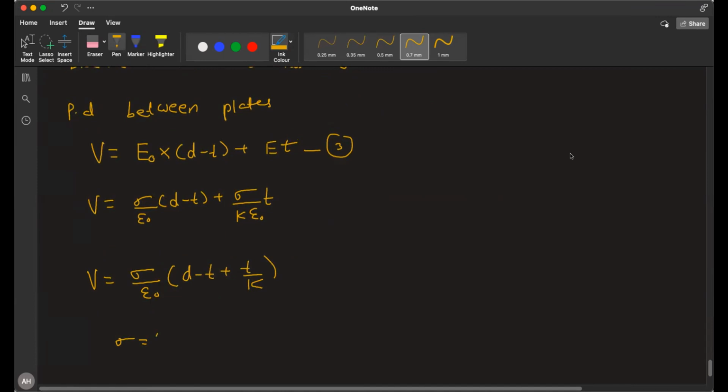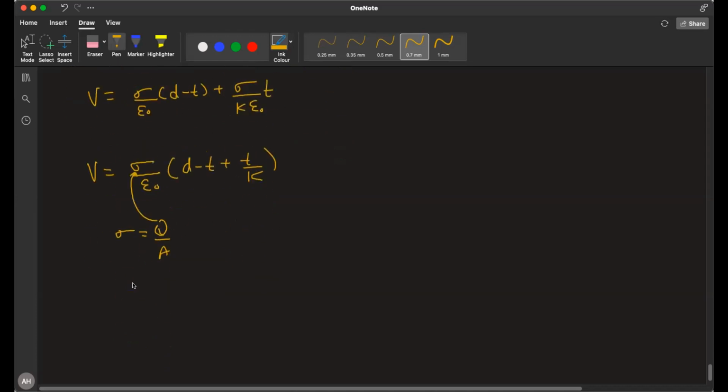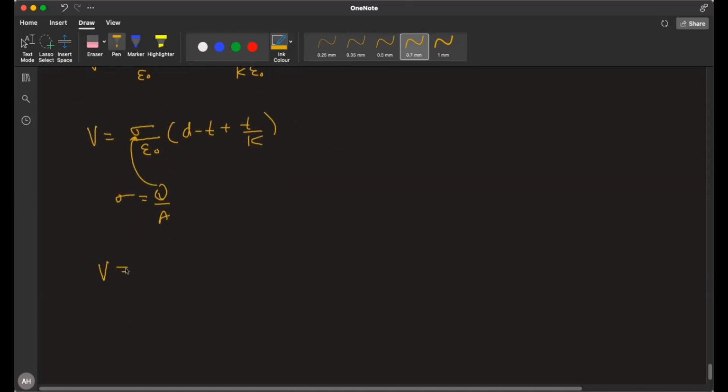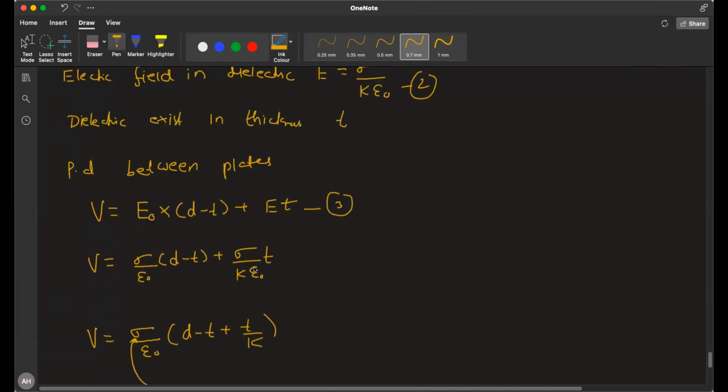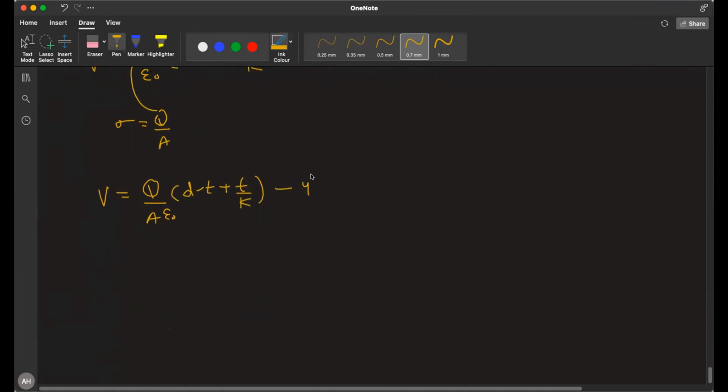Sigma is Q by A, where A is the area of the plate. Substituting, I get V is Q by A epsilon naught times D minus T plus T by K. That's the potential difference. Let's call this equation number 4.